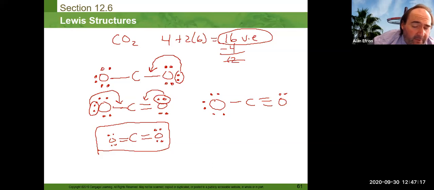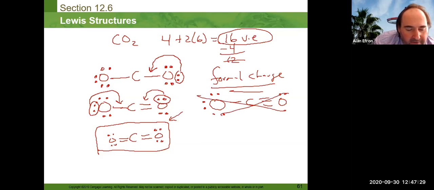And what you would find in 1A is there's something known as formal charge that you can look at. And based on formal charge, the double-bonded structure probably would be the better structure than a triple bonded one. So there are really some more rules that come about that we don't get into in here, that you'll get into in 1A, that help you decide between a situation like that, where you may go, hey, I could put the bond some different way, which way is a better structure than something else.